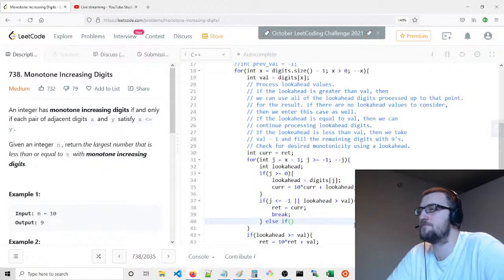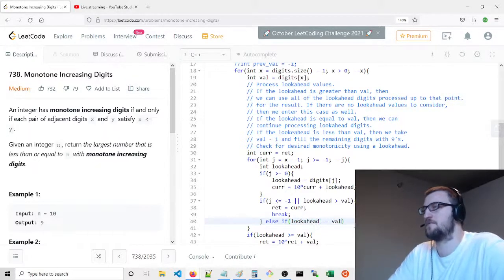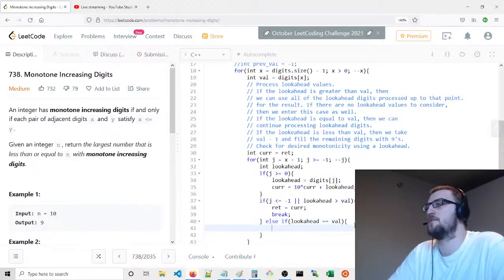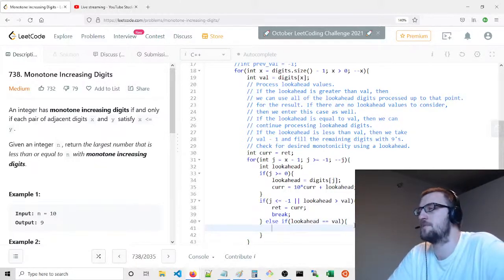So, if look ahead is equal to value, and then we continue processing look ahead digits. Just keep going.